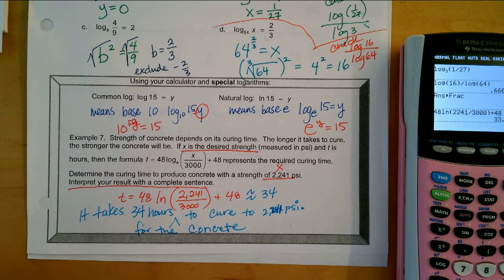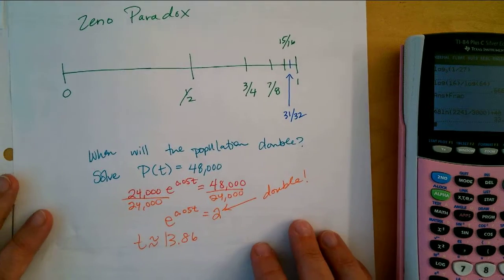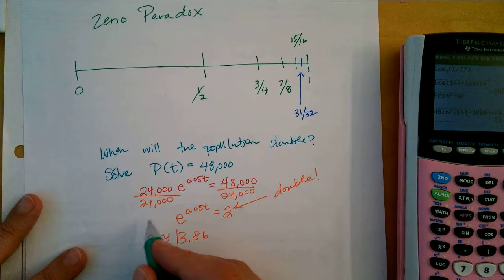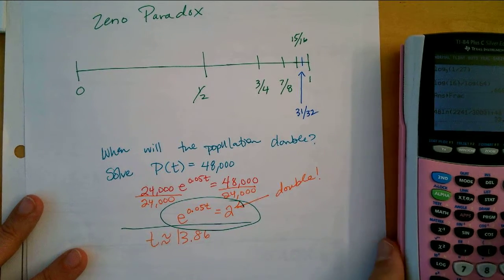What you're going to find out is that question that we did back when we did the exponents. Remember this problem? I said to use your calculator. When will the population double? Guess what, you guys? We now have a way to solve this using logarithms.